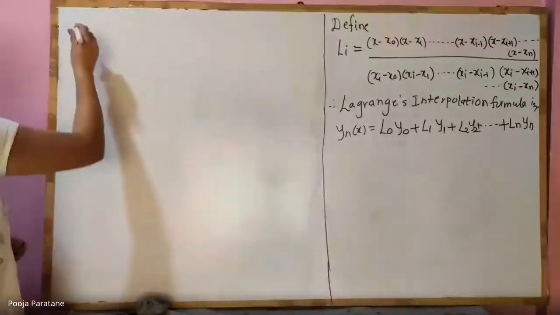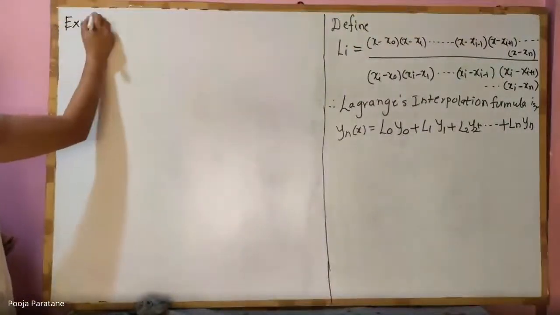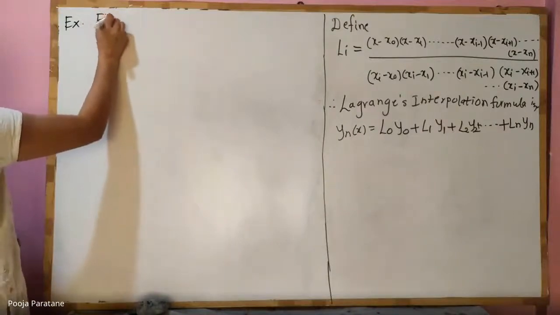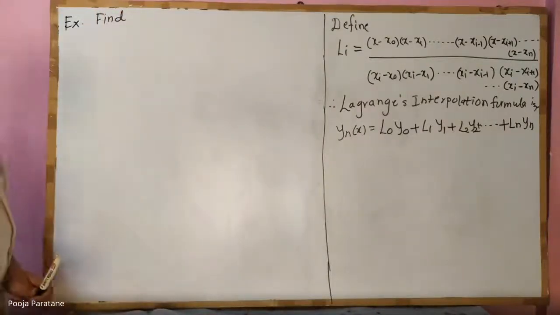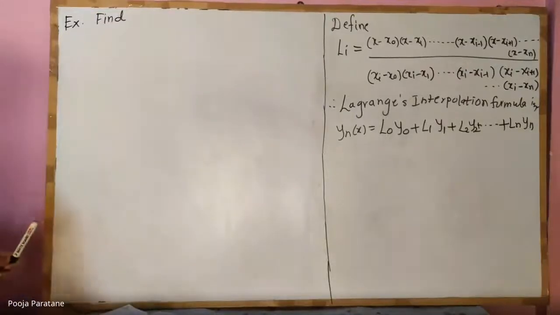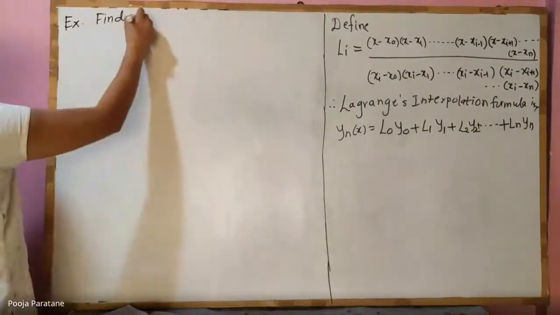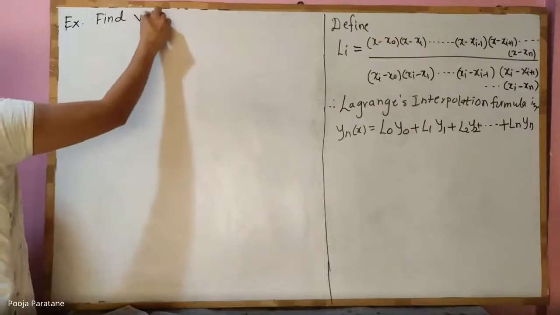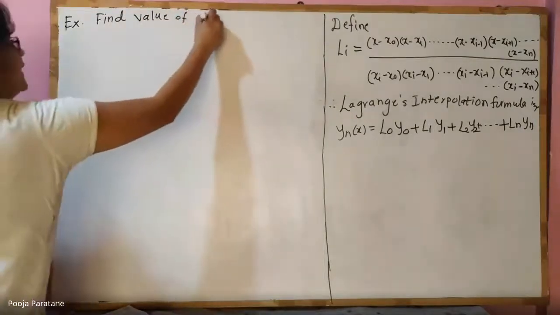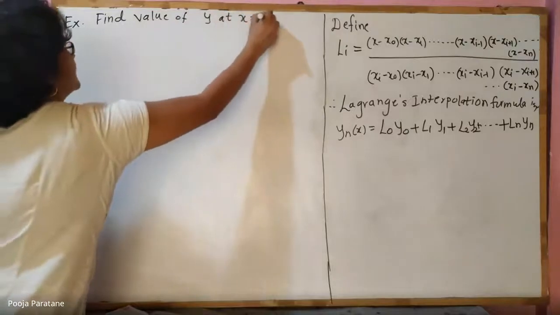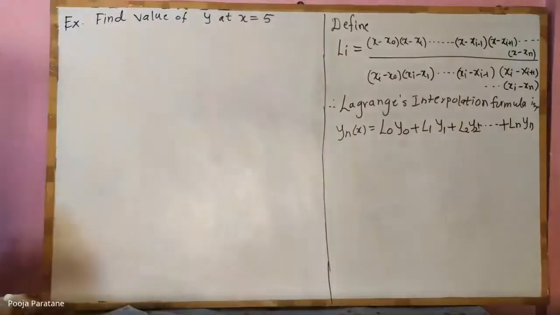Example: find the value of y at x equal to 5 using the following data.